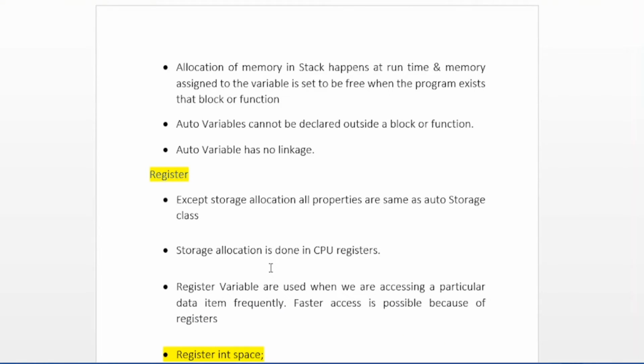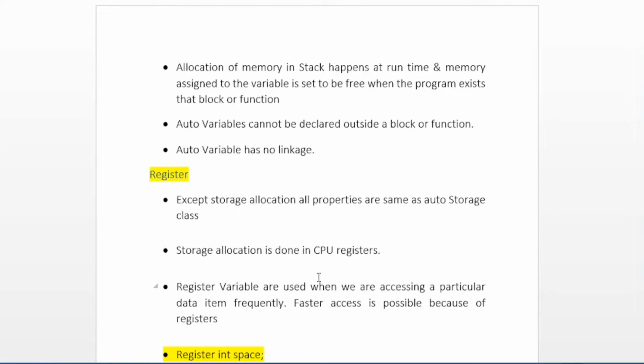A register storage class has basically all the properties same as the automatic storage class. One thing is different here. In case of automatic storage class, the allocation happens in stack, and in case of register storage class, the storage allocation happens in CPU registers.